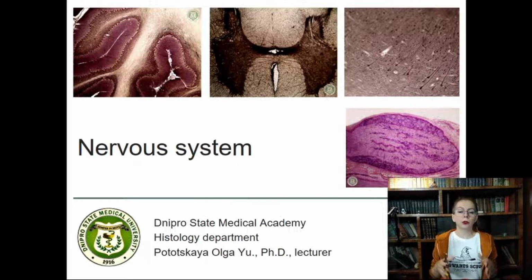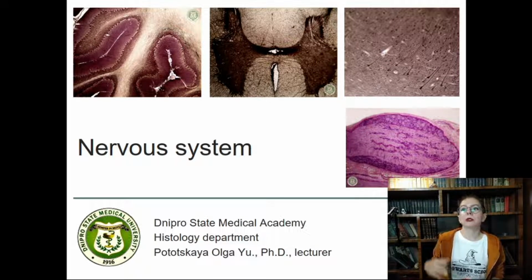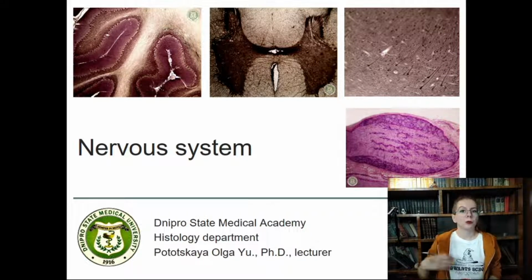That's why a histological structure of this system is important to understand how it works, but has less practical application than physiology and anatomy. But in any way, we concentrate today our attention on the most complicated structures where different cellular subtypes are located, and it is very important to understand the basics of their physiology.